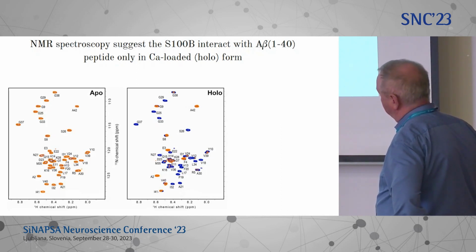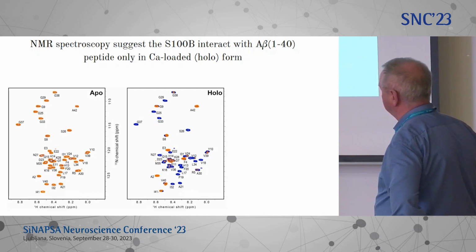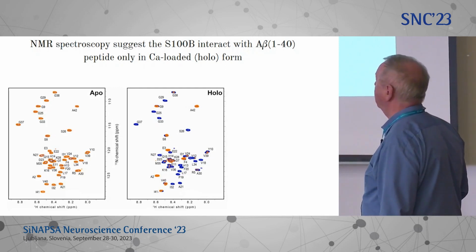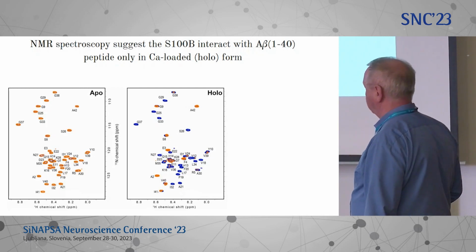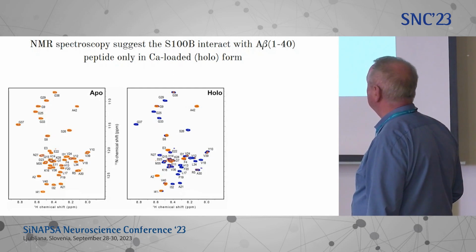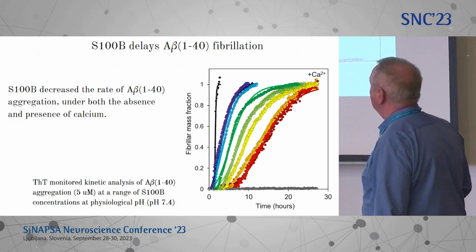You see these orange residues. It's only a couple of residues which are available to detect on the spectra. This effect can be clearly explained. I will discuss it a little bit later.